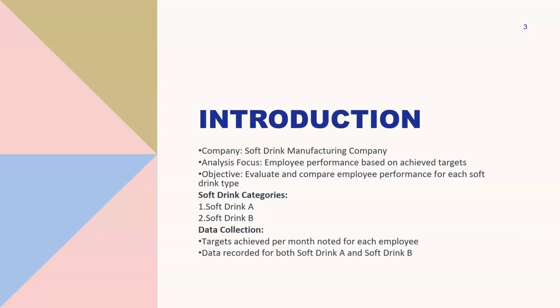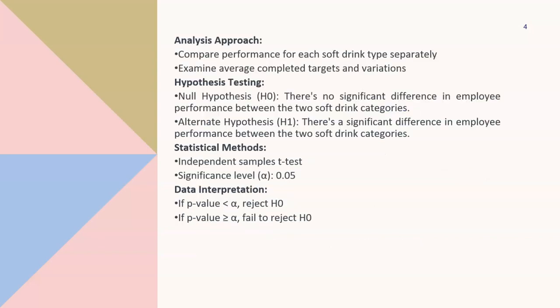So, to sum up, we are going to basically check the employee performance in terms of the targets that they have achieved for both the soft drinks. For this, we are going to do a hypothesis testing of two independent sample t-test, where the null hypothesis is there is no significant difference in the targets for the two soft drink categories.